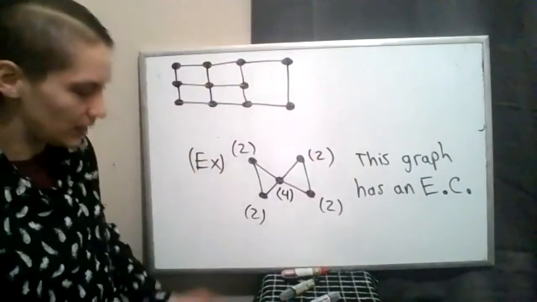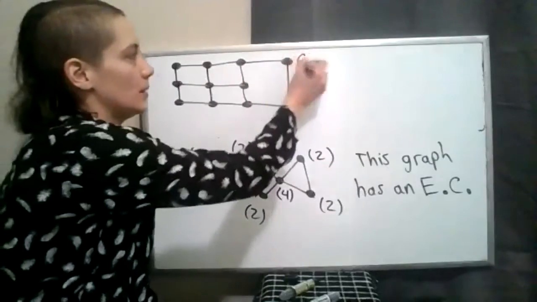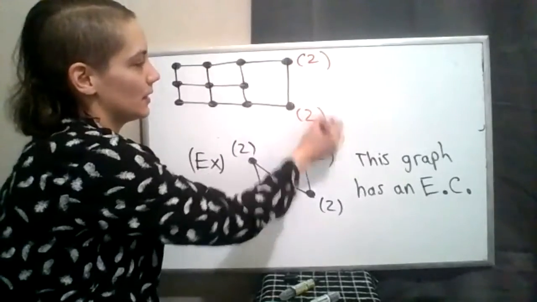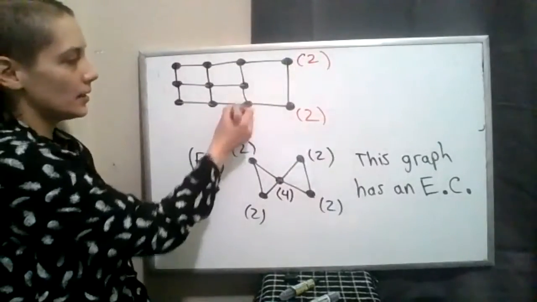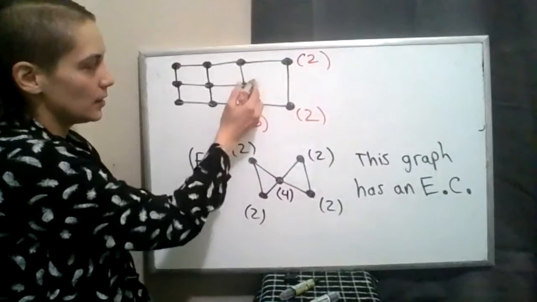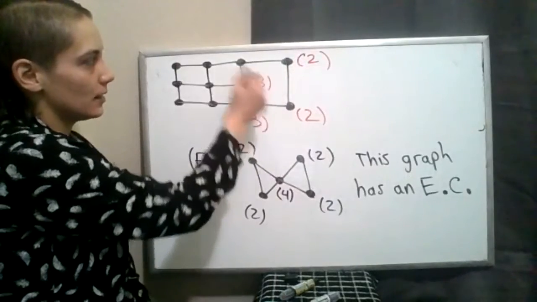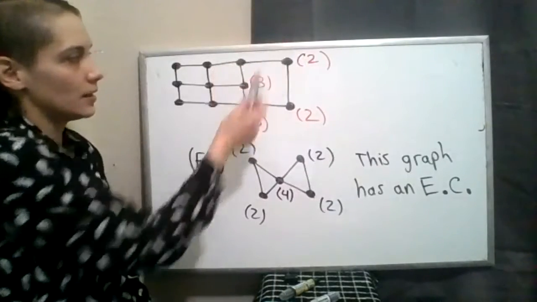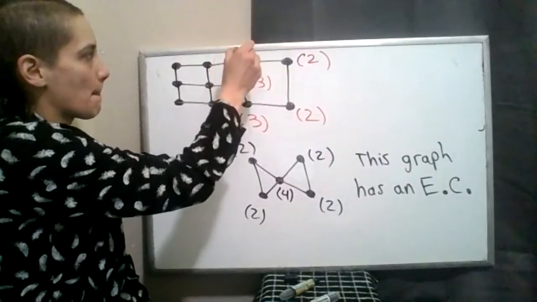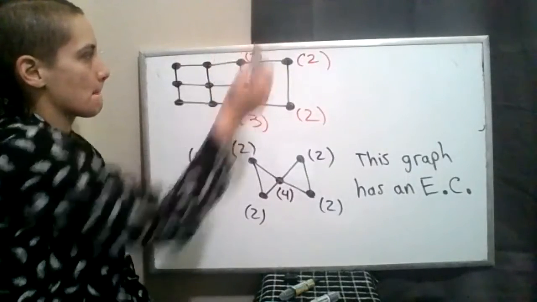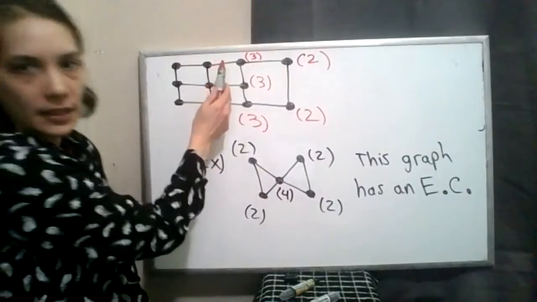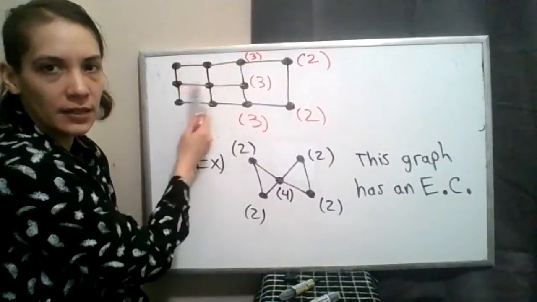All right, this one is degree 2. Degree 2. So degree 3, degree 3, degree 3. This is also like 3, 2, 3.